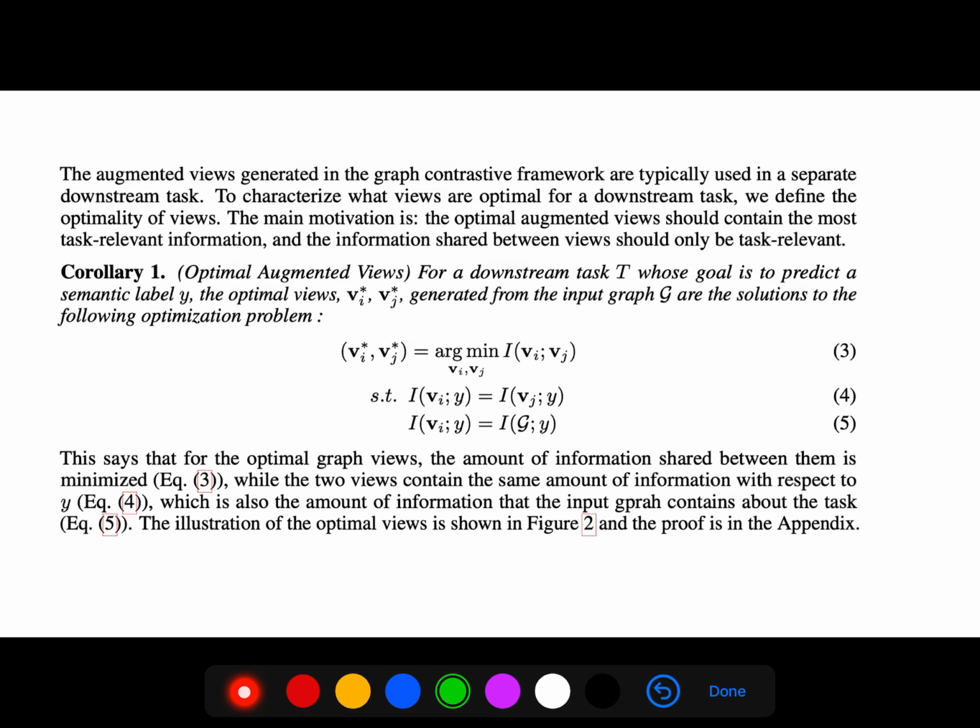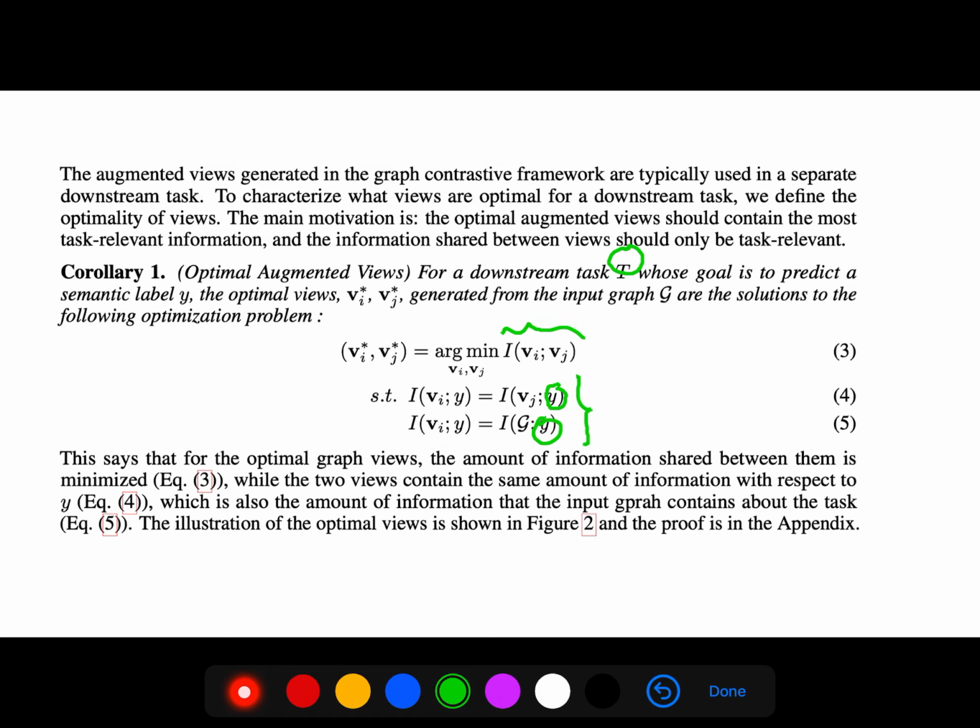So for a downstream task T, the goal is to predict a semantic label Y. The optimal views V sub I, V sub j generated from the input graph are the solutions to the following optimization. So we minimize the mutual information between the two views, V sub I, V sub j, while we have two constraints.